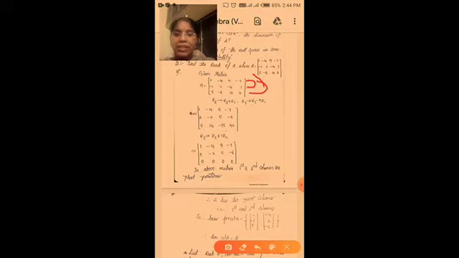Second row is -1 plus 1 is 0, then 2 minus 2... 2 plus -4 is -2, then -4 plus 9 is 5, and 1 minus 7 is -6. Next, the third row: we multiply R1 by 5 and subtract it from R3. 5 minus 5 is 0, then -6 plus 20 is 14, then 10 minus 45 is -35, and 7 minus 35... we get 7 plus... 7 minus 35 is -28. Then in R3 we do the operation R3 plus 7R2.